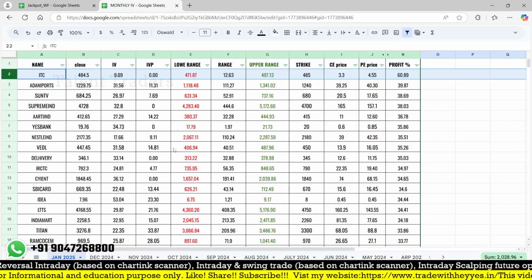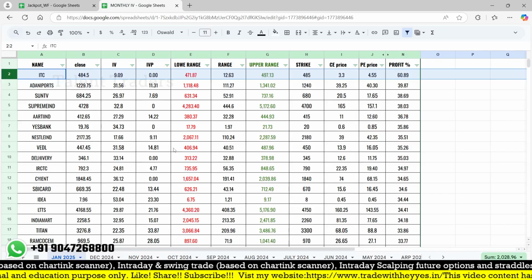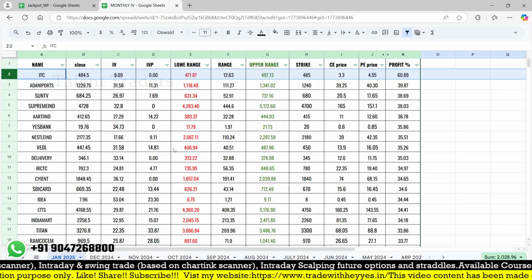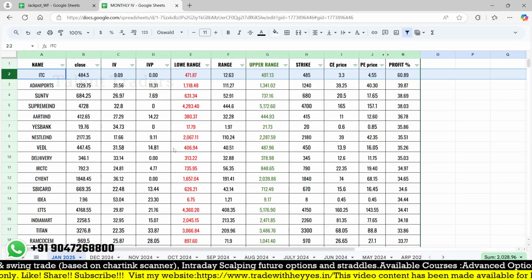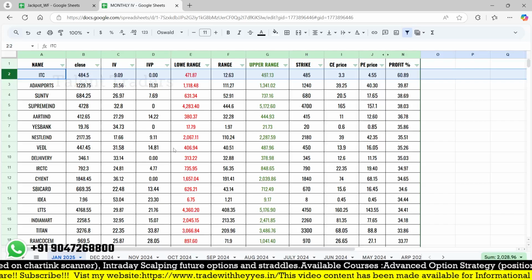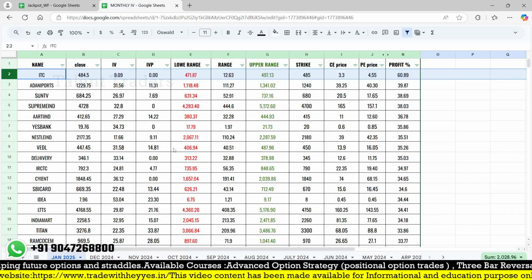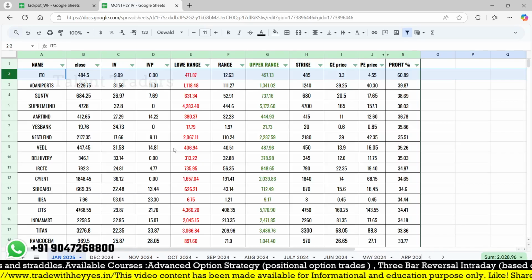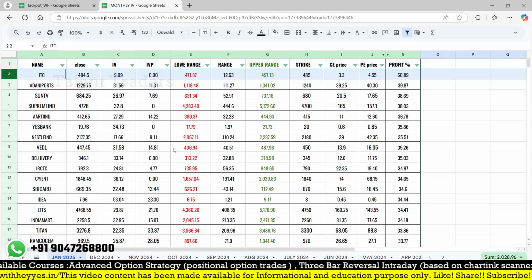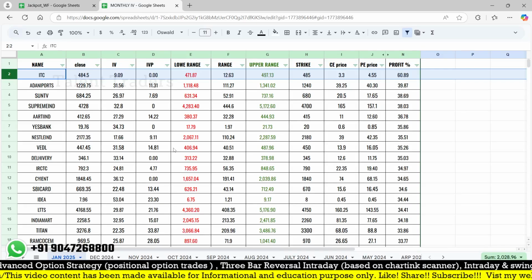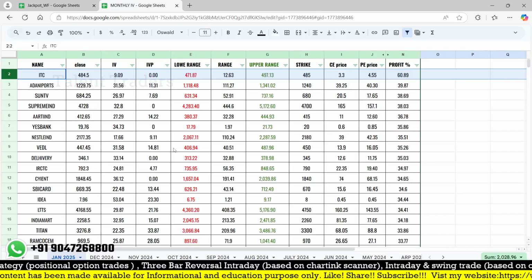Most probably for directional trades, whenever you get an opportunity based on the concept of our advanced option strategy, then you can apply our hedging strategy on a directional basis, not on a non-directional basis, because we don't find many stocks for that. Every month we provide some 15 stocks where the expected move should be high.